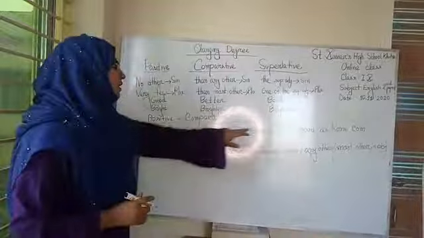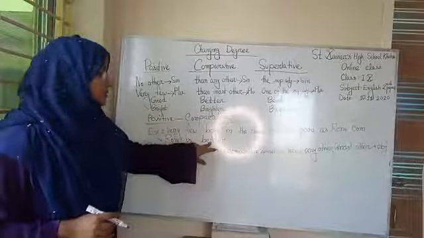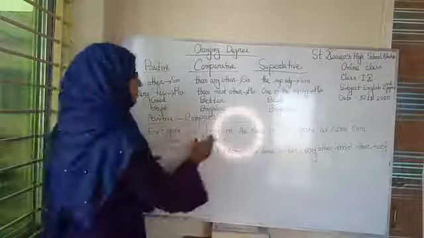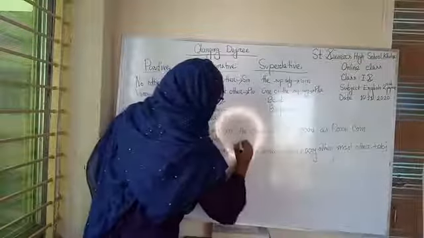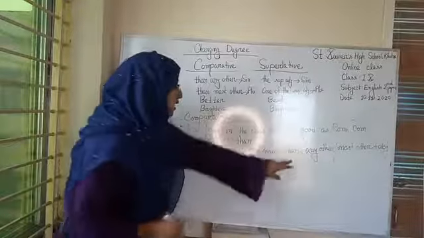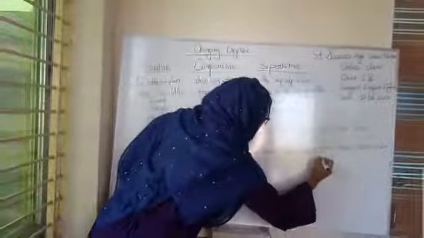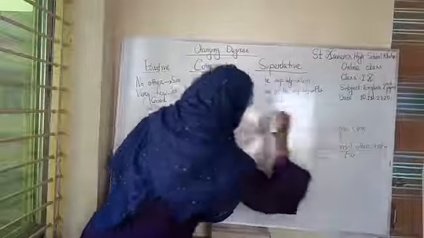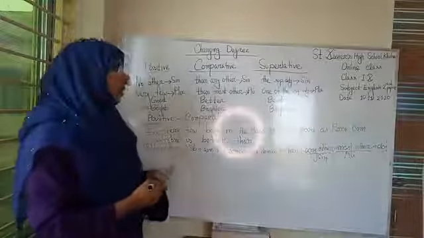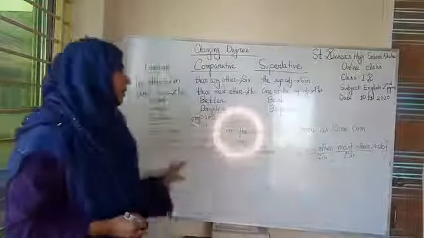And if there is bright, it will be brighter. Ronnie is brighter than. Next, than, and it is the singular form, same way it is the plural form. Any other singular and same way most other plural.